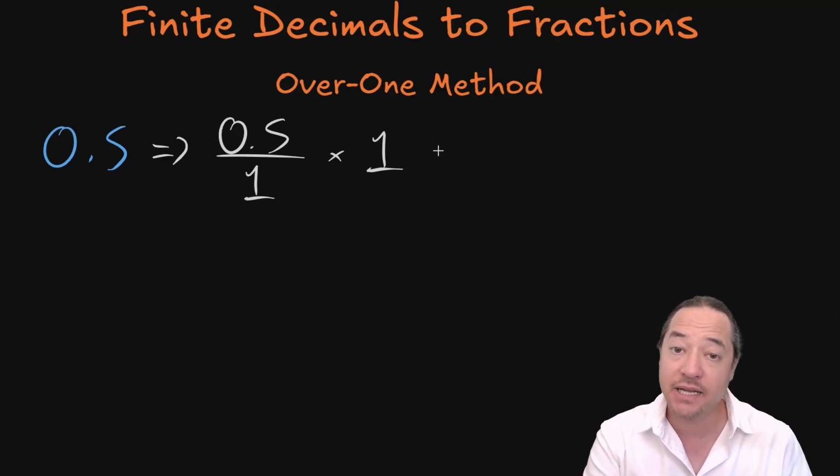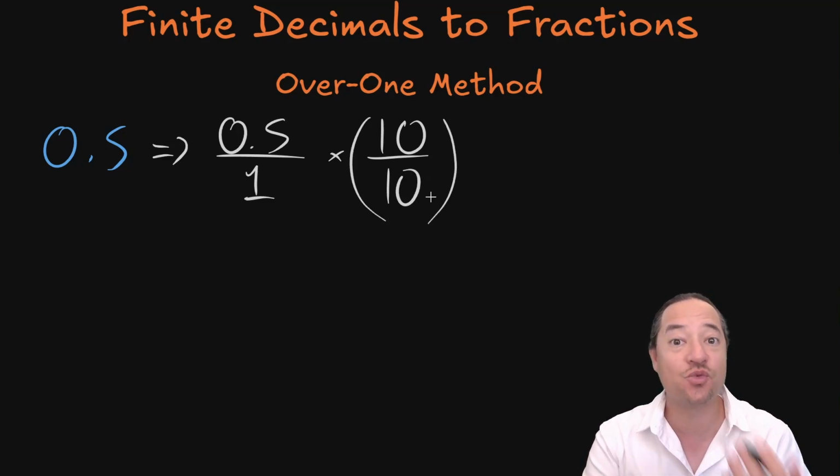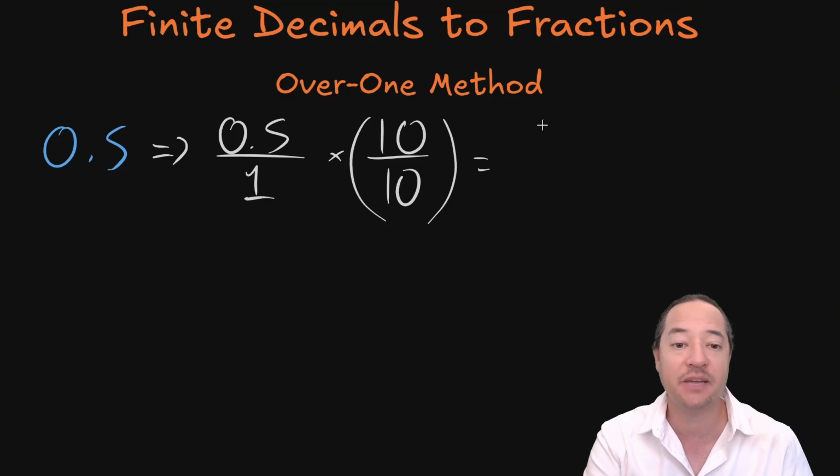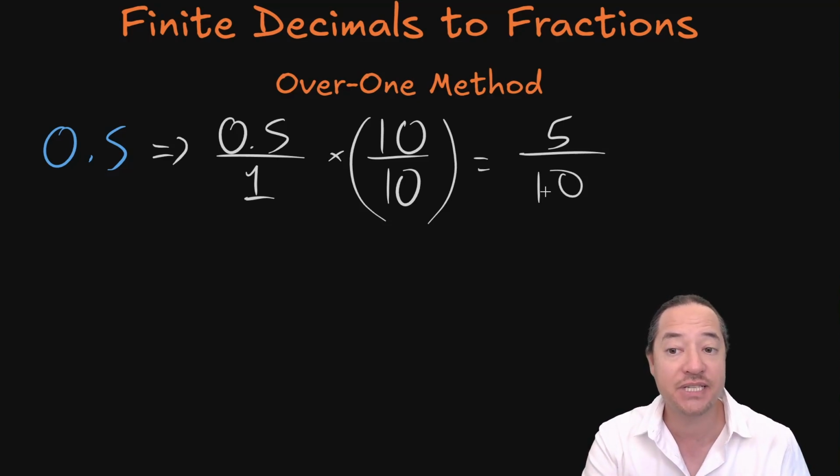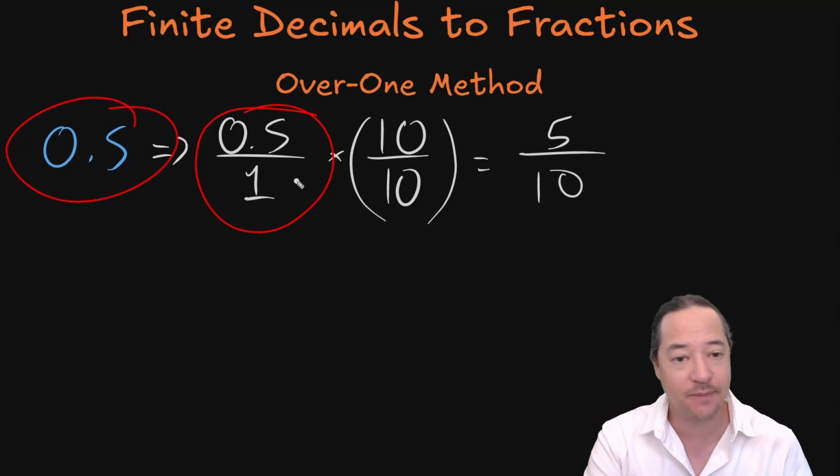But instead of writing the number 1 like that, we're going to write it as 10 over 10, because 10 over 10 is 1. And once we do that, look at what happens. We get 0.5 times 10 on the top, that's 5, and 1 times 10 on the bottom, that's 10. So this fraction, 5 over 10, is the same as 0.5 over 1, which is the same as 0.5.